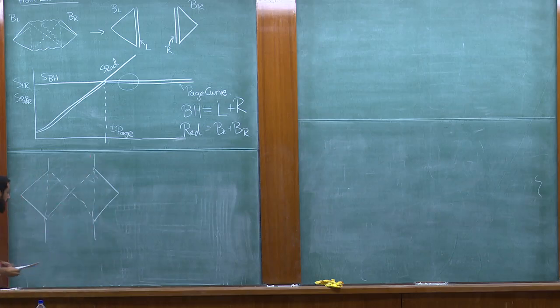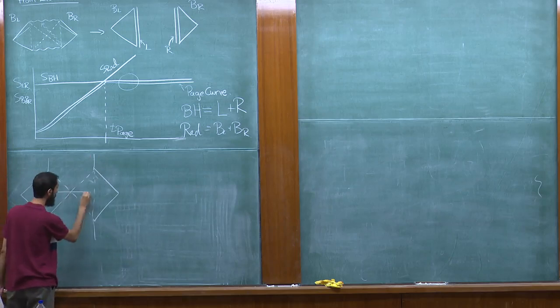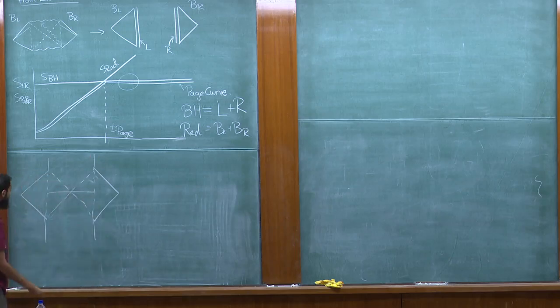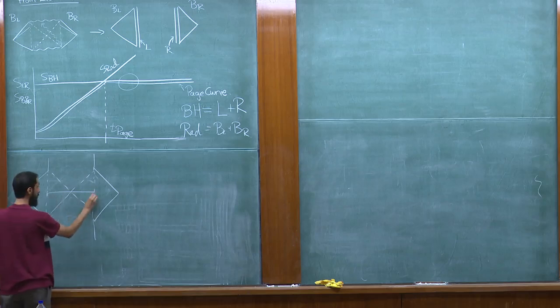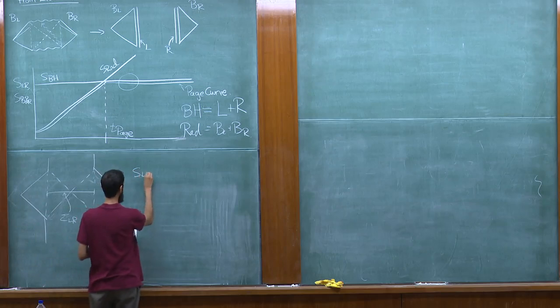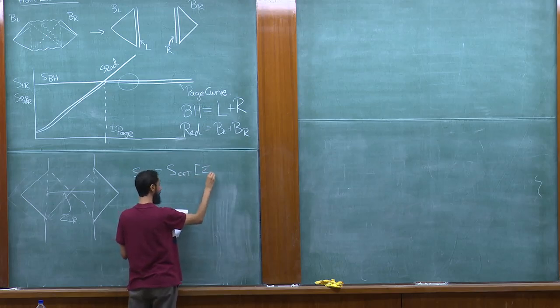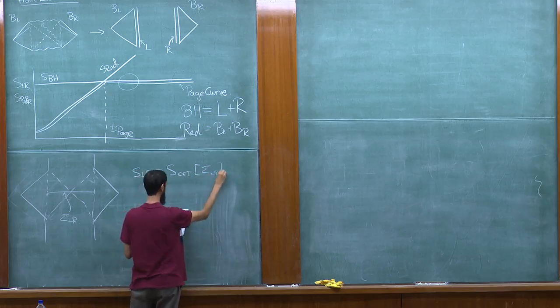So one naive way is to say, well, let me just consider the entire bulk dual of LR and just compute the entanglement entropy of this region. So let's call this region sigma LR. It ends on the two boundaries at some two given times. And so the proposal is then that entropy of LR is simply the CFT von Neumann entropy of the subregion LR.